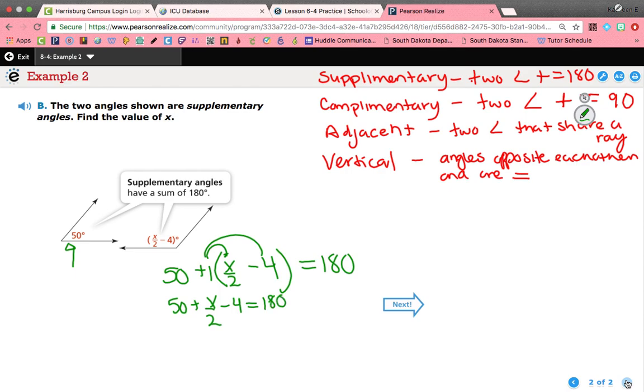Okay, distributing, combine. 50 minus 4 is 46 plus x over 2 equals 180.